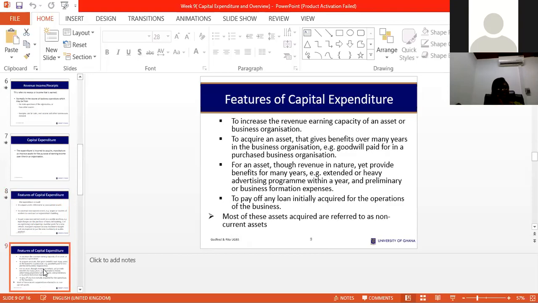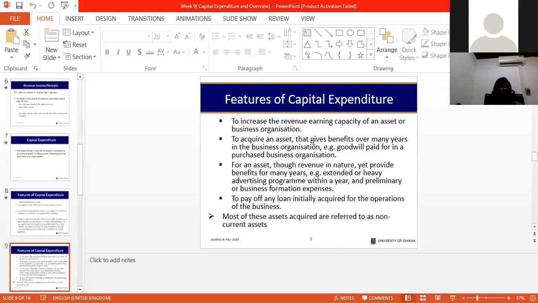Okay. Now, what are the features of a capital, additional features? The intention of engaging in a capital expenditure is to use the asset to earn revenue. We talked about revenue income. So that asset that you have spent so much on, you are going to use it to generate revenue. So capital expenditure would always be used to earn revenue for the business organization.